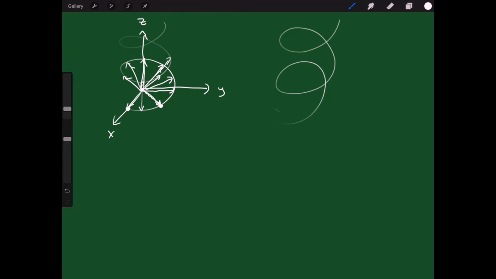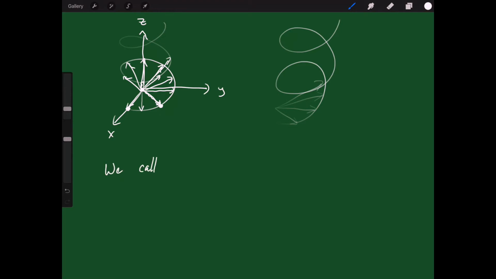Another way is you could think of it as a sequence of vectors pointing to the spiral. Both of those ways of thinking about vector-valued functions are correct, and sometimes it will be more useful to think of it one way than another way. Okay. Now, those are vector-valued functions.